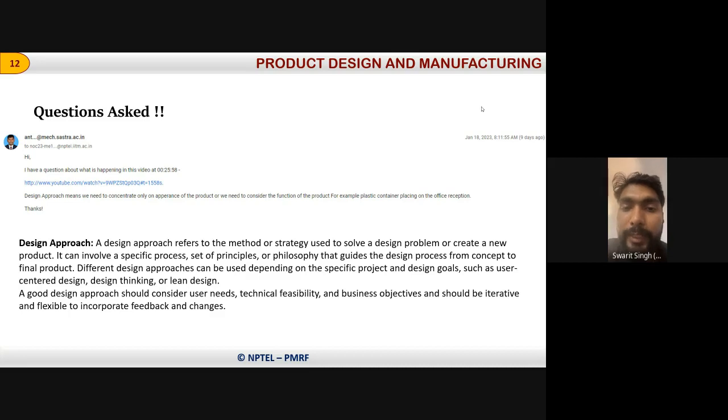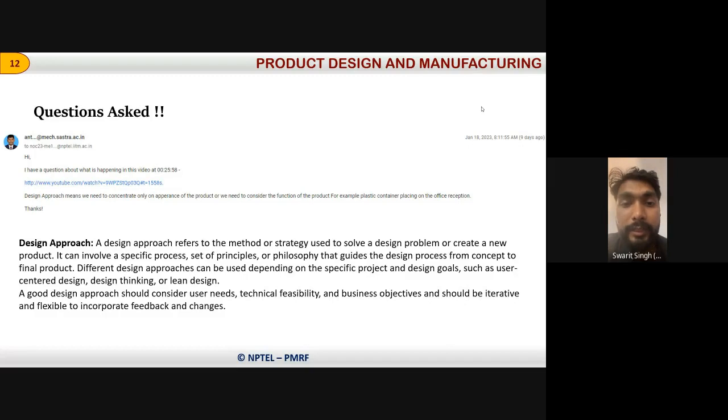A design approach refers to the method or strategy used to solve a design problem or create a new product. Is it correct? It can involve a specific process, set of principles, or philosophy that guides the design process from the concept to the final product.